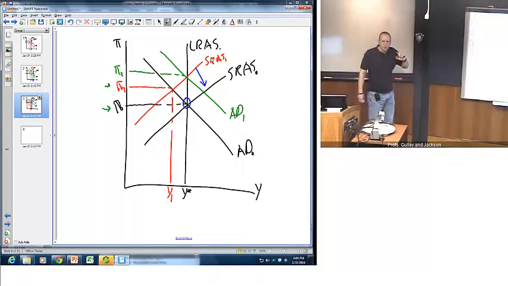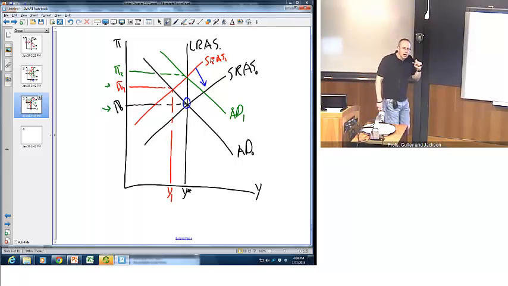And so if the Fed is able to credibly commit to stabilizing inflation in the long run, that temporary decline in the short-run average supply curve is a self-limiting process in terms of its influence on output and in terms of its influence on inflation.